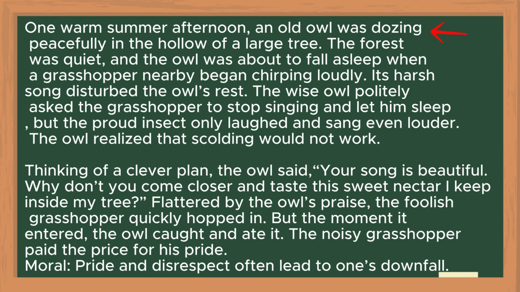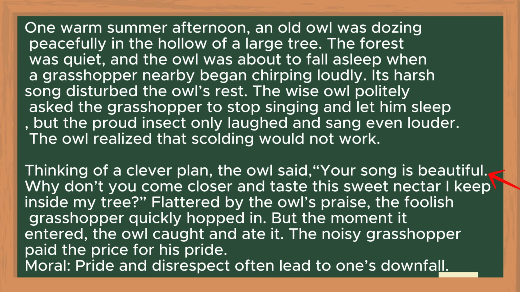One warm summer afternoon, an old owl was dozing peacefully in the hollow of a large tree. The forest was quiet, and the owl was about to fall asleep when a grasshopper nearby began chirping loudly. Its harsh song disturbed the owl's rest. The wise owl politely asked the grasshopper to stop singing and let him sleep. But the proud insect only laughed and sang even louder. The owl realized that scolding would not work.